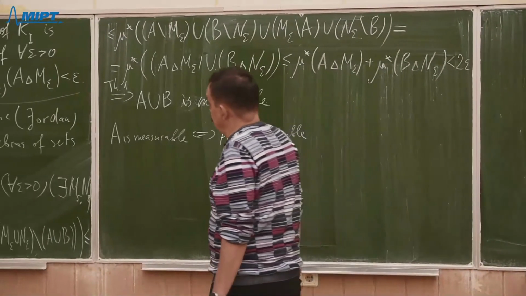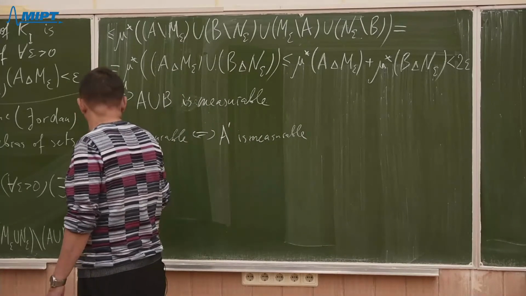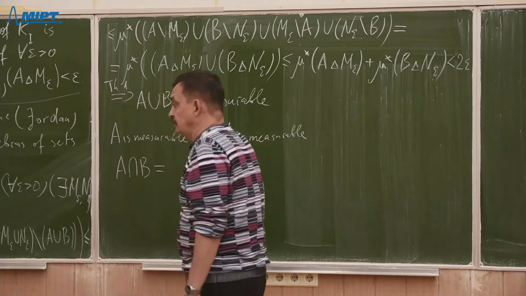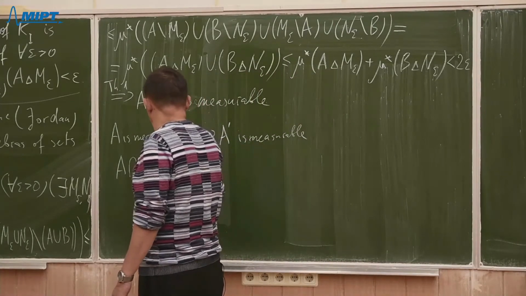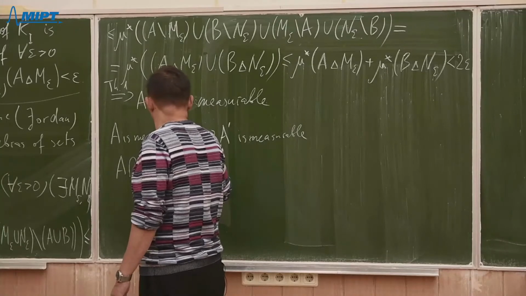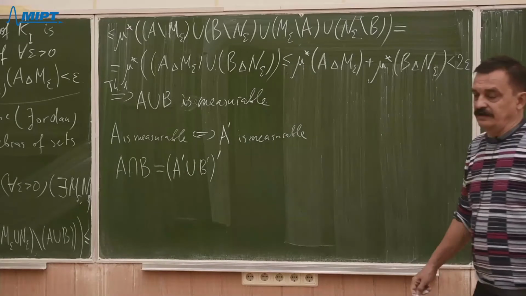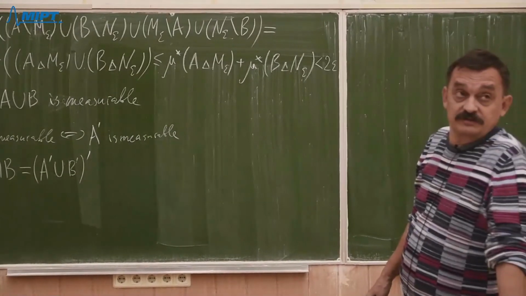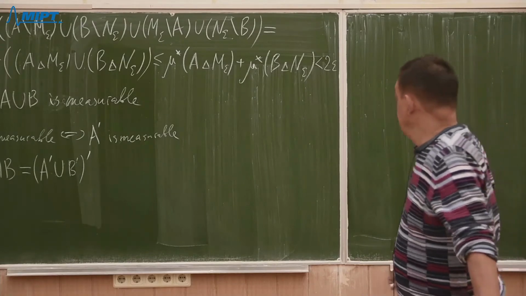Then look, what is A intersect B? I should consider A prime together with B prime and then take the prime. That is by properties of sets, the duality property of union and intersection.